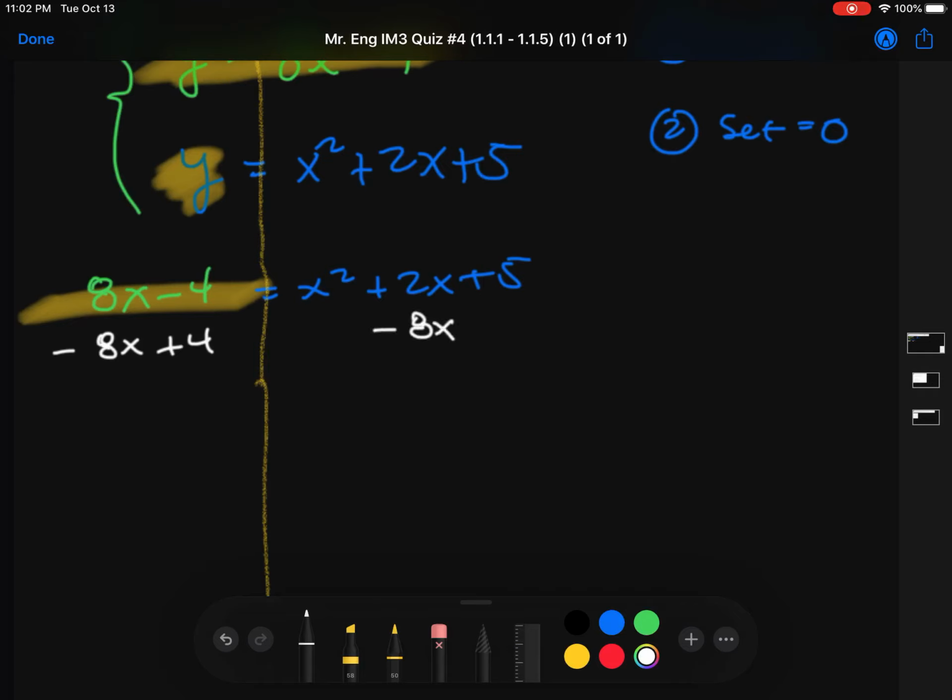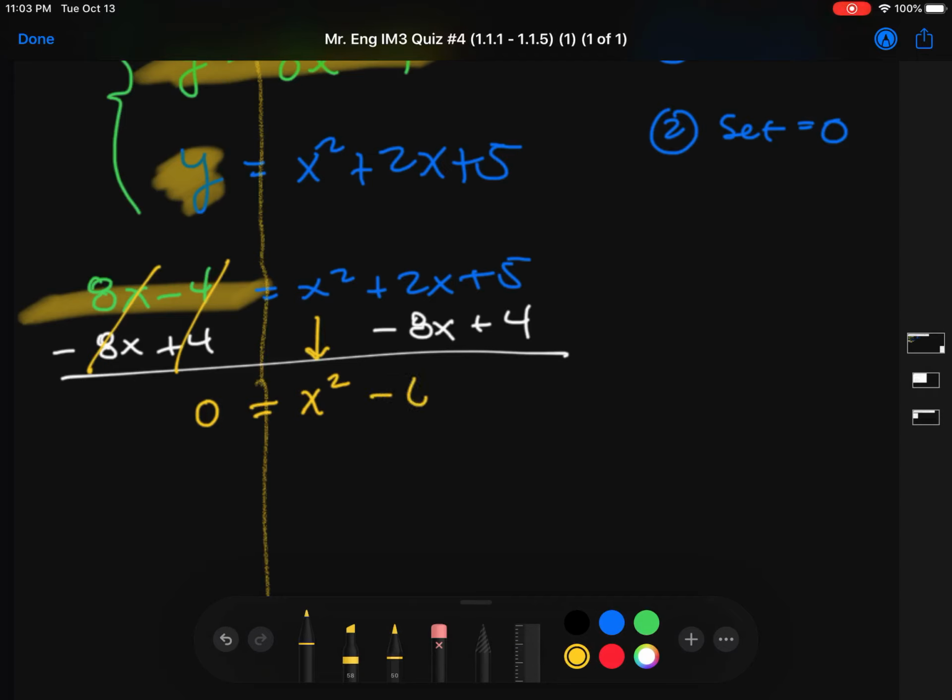Line them up with like terms here. And 8 minus 8 is 0. Negative 4 plus 4 is 0, so that side is equal to 0, which I want. I have x squared. Positive 2 and negative 8 is minus 6x plus 9 here.